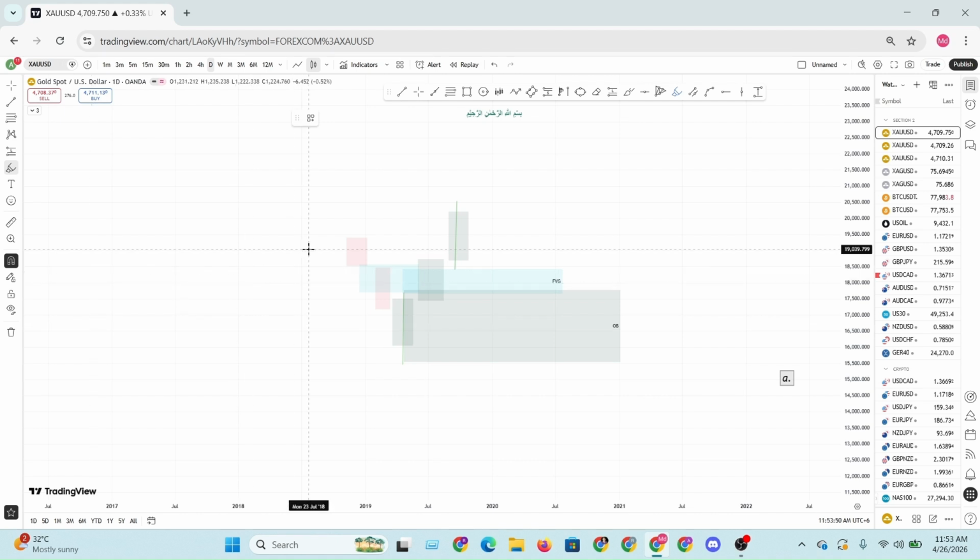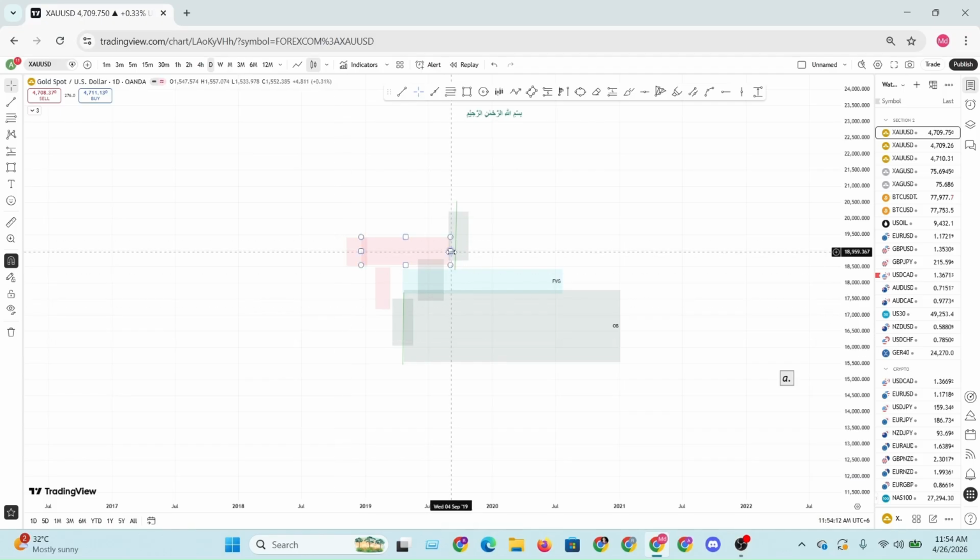See the first one, second one, third one. The gap between this first and third candle is our FVG. So this is our order block.